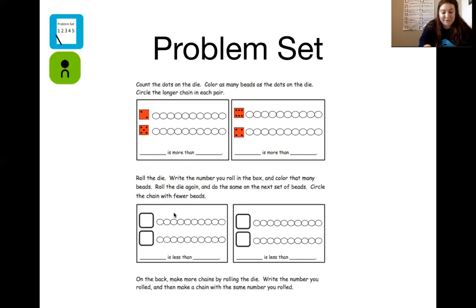All right, Miss Marotta is going to roll a dice. Ooh, and what did she get? Yes, she got 1. So on her paper, she's going to draw 1 dot. Let's do one more. Here we go.